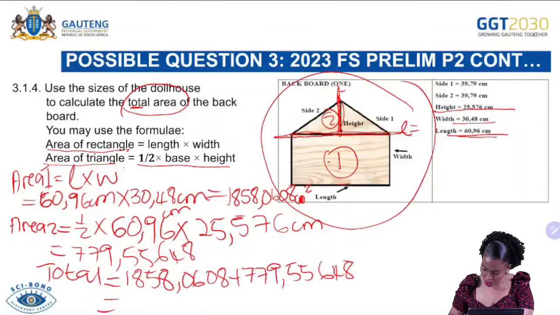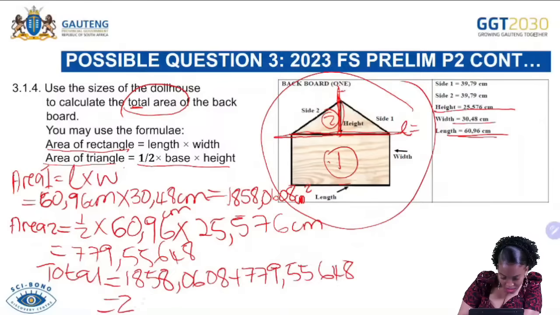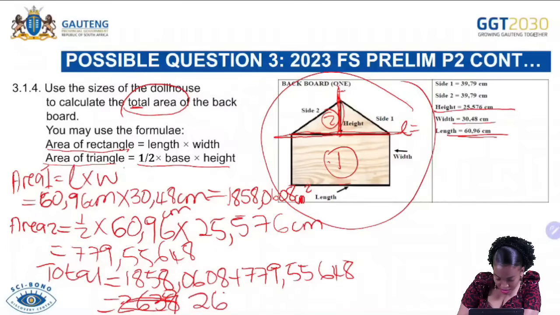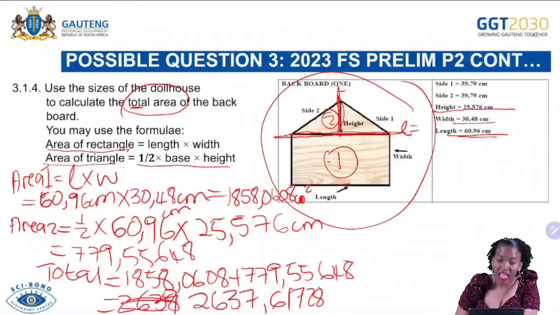This plus 1858.0608. And then the answer that I'm getting there is 2,637.61728.